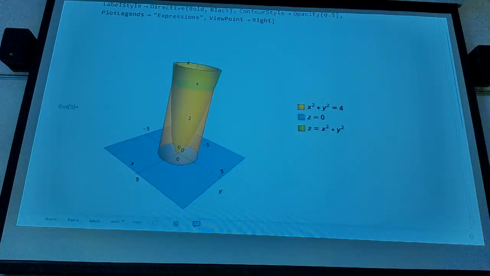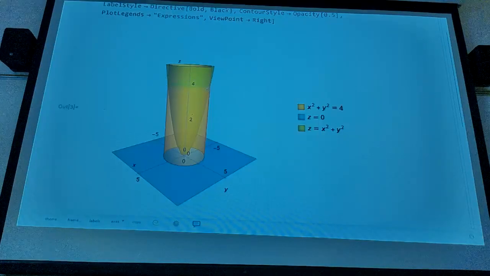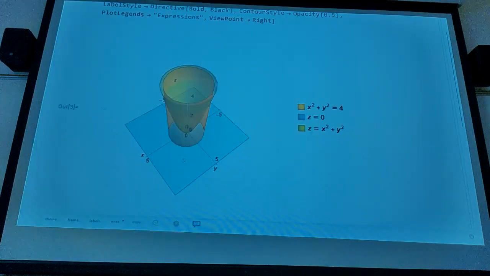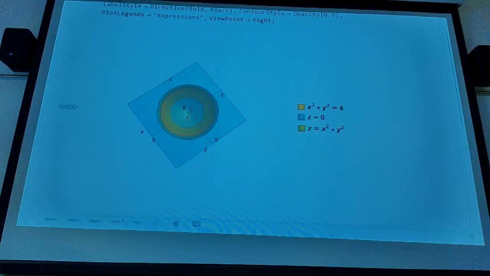Plane. Right here. Does that graboid close it? I don't think it does.